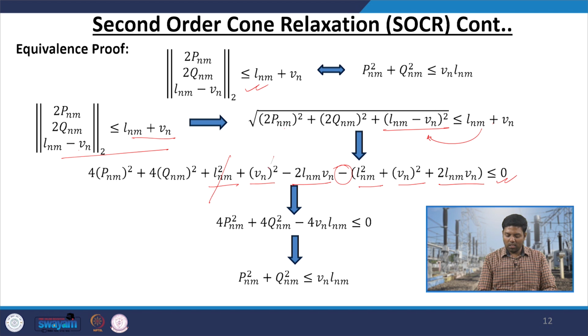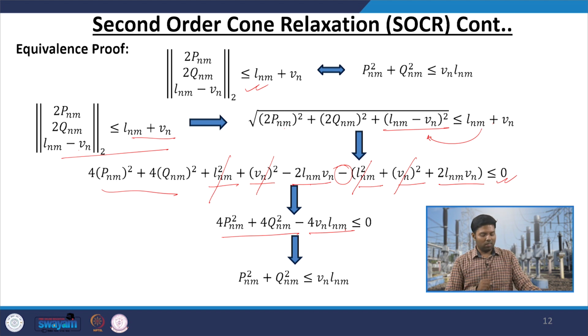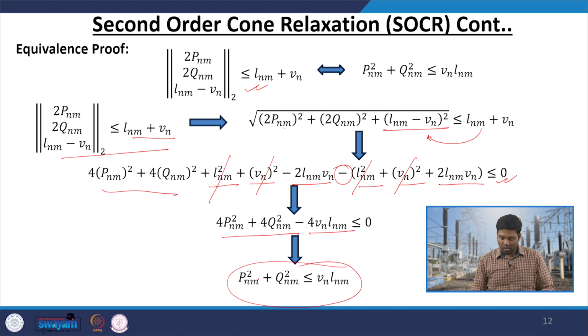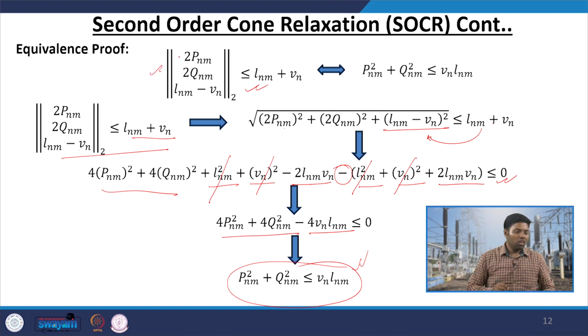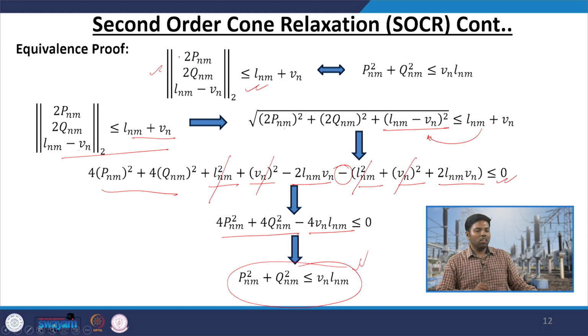So this will get cancelled out. So you have these two terms with summation of these two terms. So this is the final expression. If you take the 4 common, then this is your final expression. So we can see that the quadratic inequality actually shows a rotated second order cone.